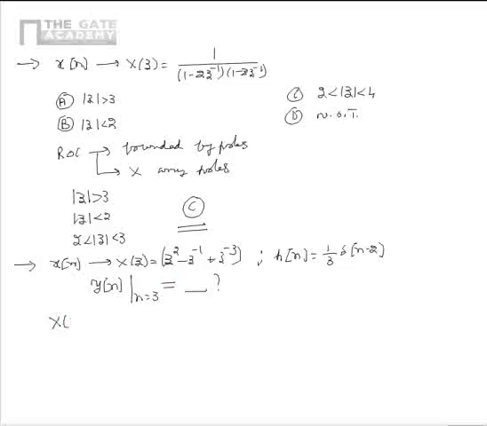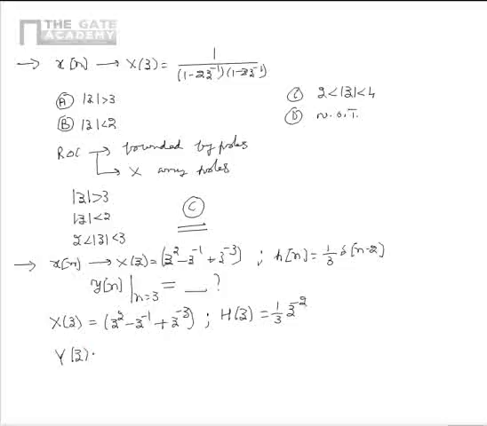So from the given data, the input to the LTI system has a z-transform of X(z) = z^2 - z^-1 + z^-3, and the system has a system function of 1/3 z^-2.